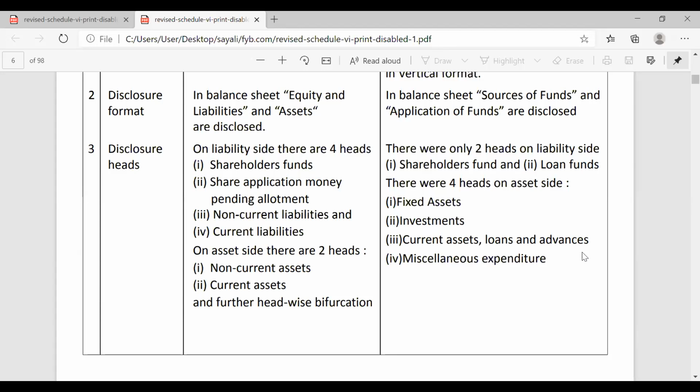And for assets, in the new schedule there are two headings, non-current assets and current assets. And in the old Schedule 6, fixed assets, investments, current assets, loans and advances, as well as miscellaneous expenditure are the four heads recorded on the asset side.